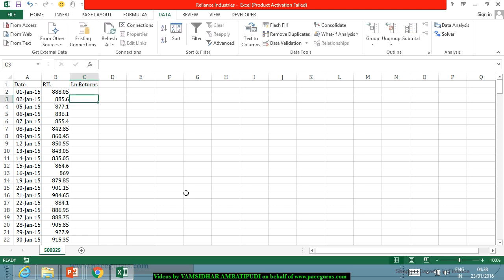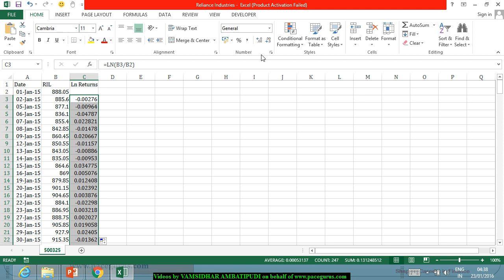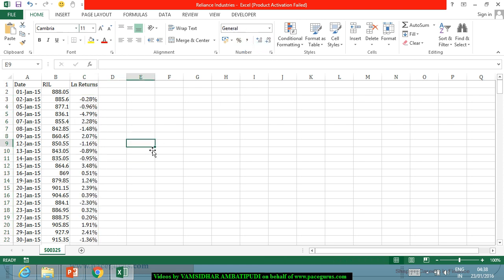The log return is the logarithm of the current day's price divided by the previous day's price. So these are the log returns of Reliance. I'm converting them into percentages just for a quick look.